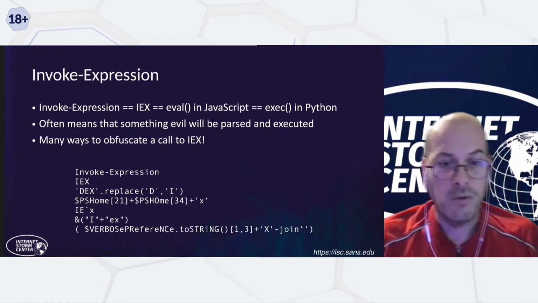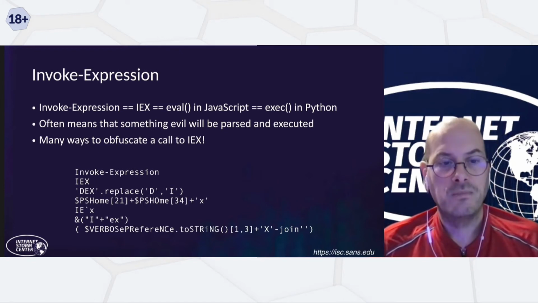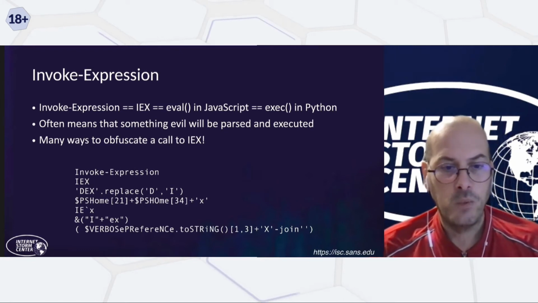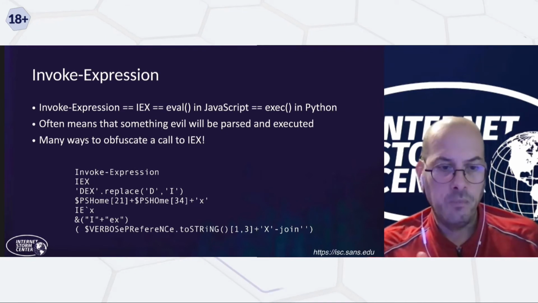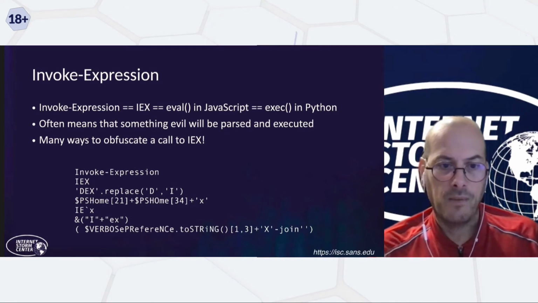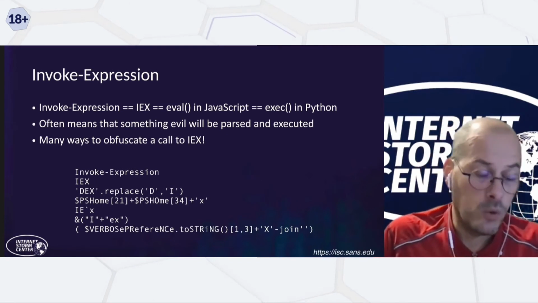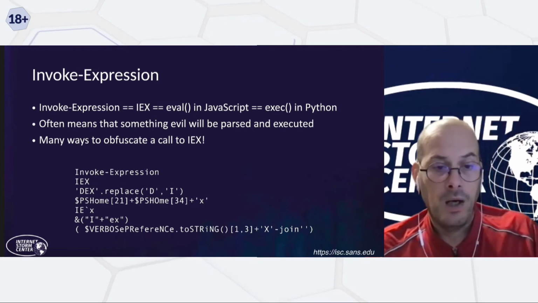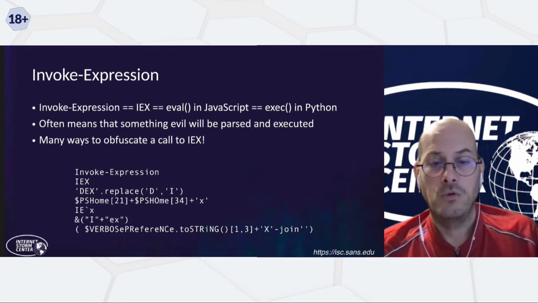Another example, you will use environment variables. For example, in this case, we concatenate 3 characters. We have a look at the PS home variable. We take the character at position 21, so it's the 22nd, and also from PS home, we take the character 35.